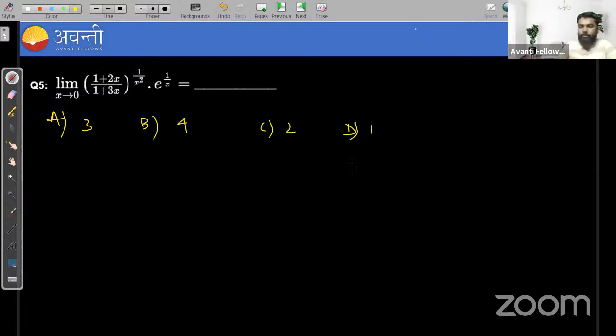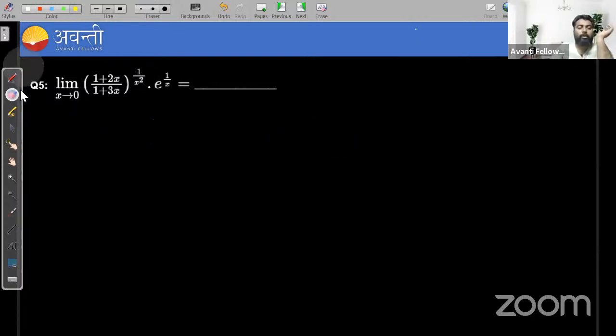Let's see what the answer will be. Actually, it's a numerical question. No, these are not the options correctly given. Okay, let's solve this question first.